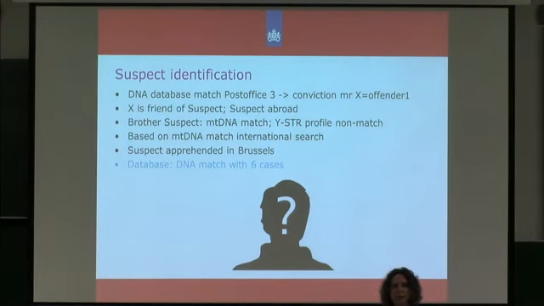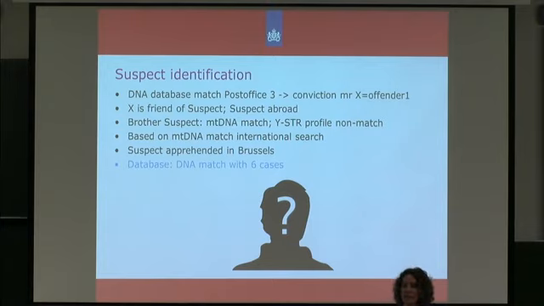The suspect was also identified in a particular way. There was this post office 3 where they had a DNA database match with somebody. This somebody was Mr. X, and he confessed and he was convicted. So he was one of the offenders, and then the question was, who's the other one?